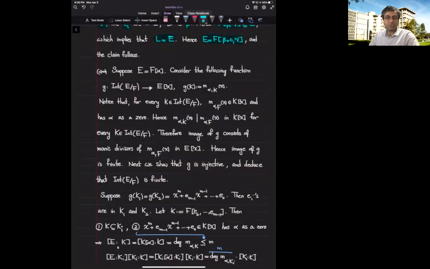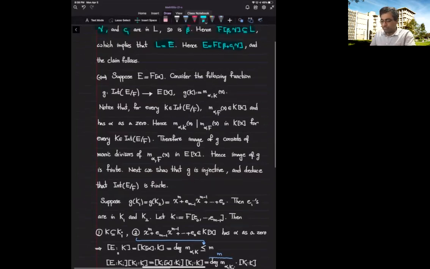Now, let's assume that my extension is a simple extension, and I want to show that there are only finitely many intermediate subfields. Now, the trick is to consider this function from the set of intermediate subfields. So given an intermediate subfield K, I'm going to give you a monic polynomial in E bracket X. So how am I going to do it?